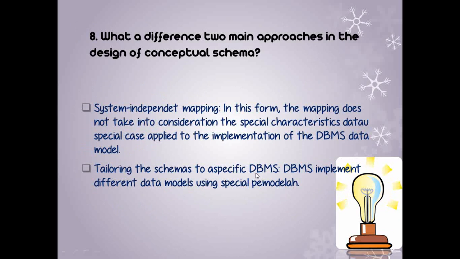The difference is that in independent mapping, the mapping does not take into consideration the special characteristics applied to the implementation of the DBMS data model. In tailoring the schemas, DBMSs implement different data models using specialized modeling.